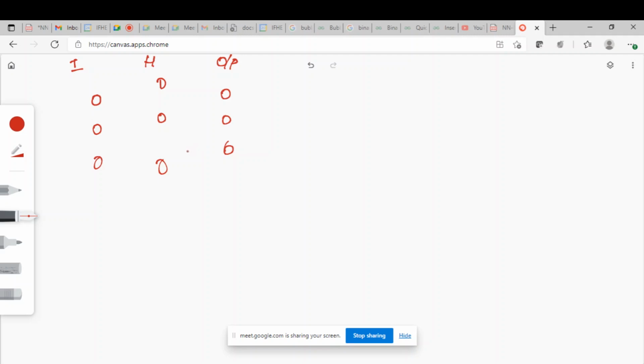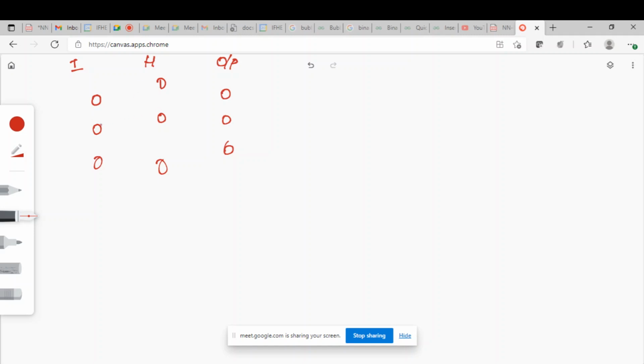So for our simplicity, we assumed that all the neurons in the input layer use a linear activation function, all the neurons of the hidden layer use a log sigmoid activation function, and all the neurons of the output layer use a tan sigmoid activation function. But there is no hard and fast rule on that also. Okay, that is also a design parameter.